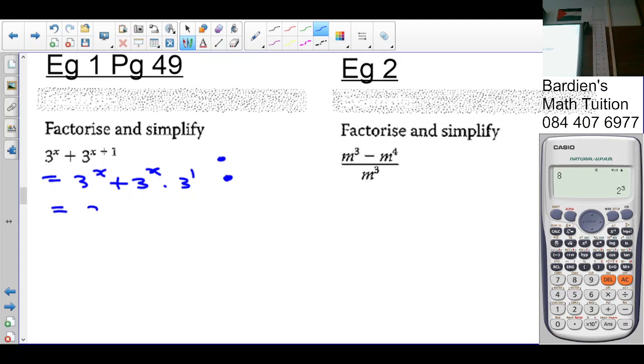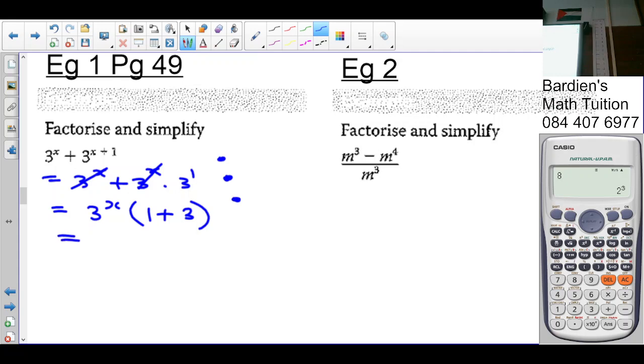Okay, so we'll take out the common factor of 3 to the x. If I take out 3 to the x, what am I left with? 1 plus 3. We took the whole term out, we're left with 1. We take 3 to the x out, the second term I'm left with 3. If you want to say 1 times 3, it's the same as saying 3. Okay?